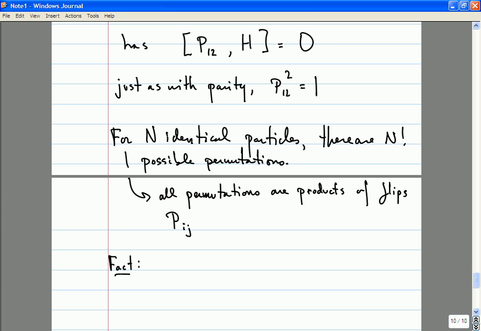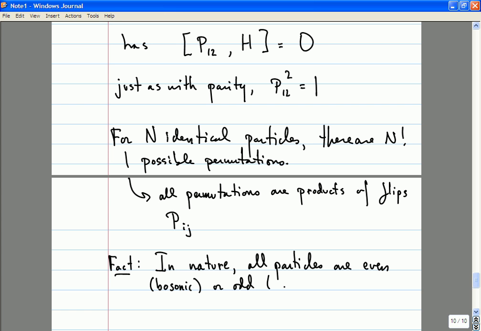that in nature, all particles are either even, in which case we say that they're bosonic, or odd, in which case we say that they are fermionic under permutation, under one of these flips where we interchange the ith and jth state.